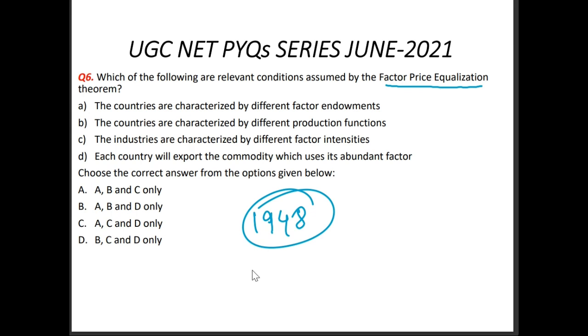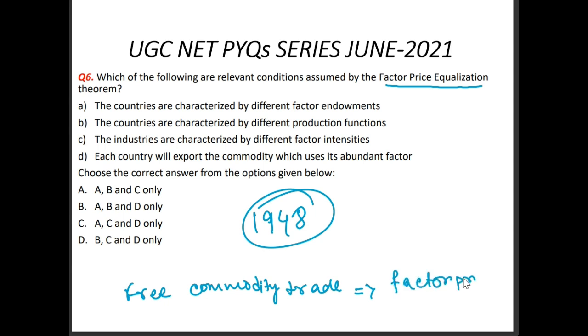अगर commodity trade free है, free commodity trade implies factor price equalization, or equal factor price across countries.